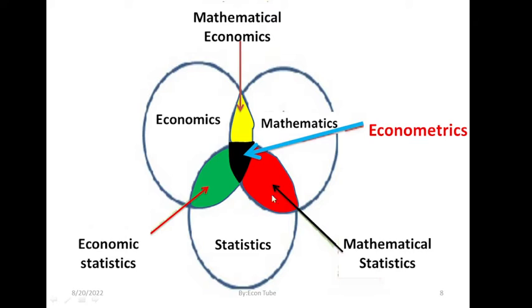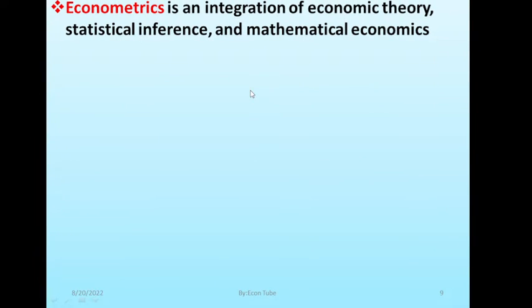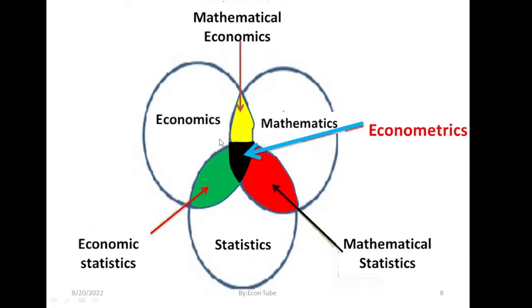Mathematics plus statistics gives us mathematical statistics. Economics with mathematics gives us mathematical economics. When we combine all subjects together, we get econometrics. Econometrics is an integration of economic theory, statistical inference, and mathematical economics, which is justified by using this simplified Venn diagram.